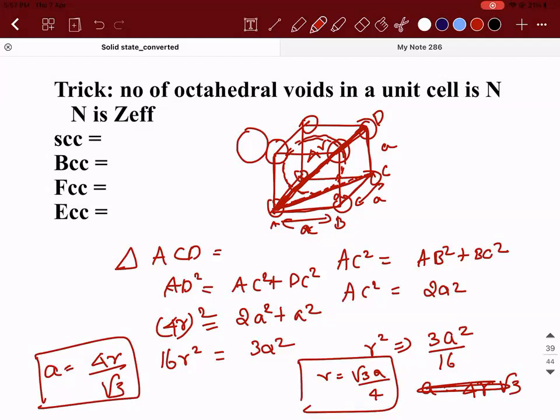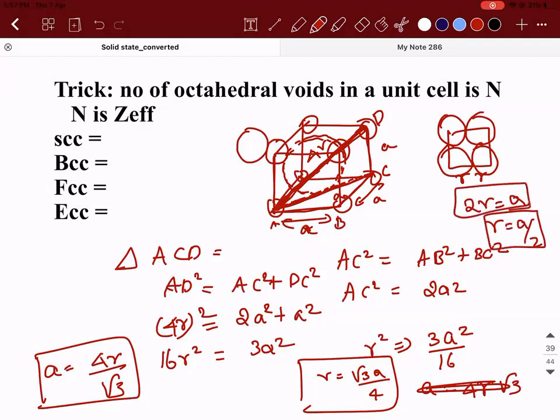Now we can calculate for SCC. What is it for SCC? 2R is equal to A, R is equal to A by 2. There are just 8 lattice points, and in the center there is nothing. So 2R is equal to A, R is equal to A by 2.